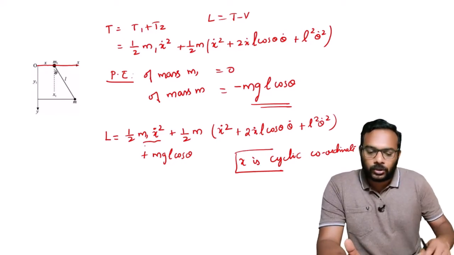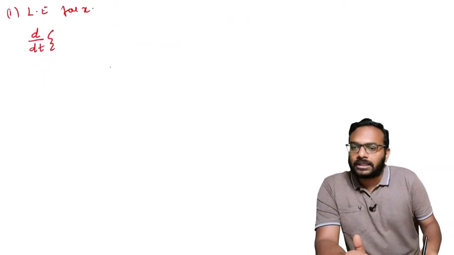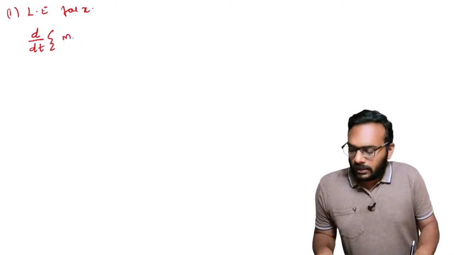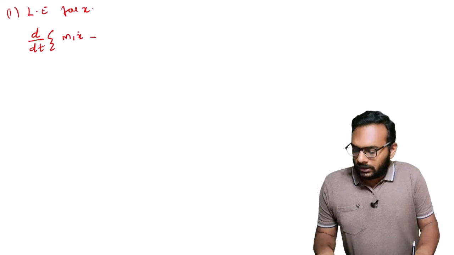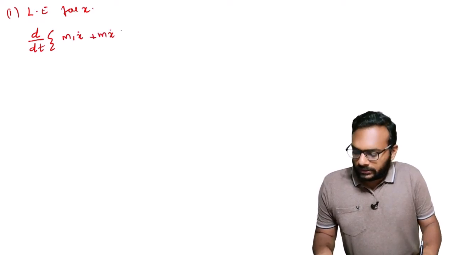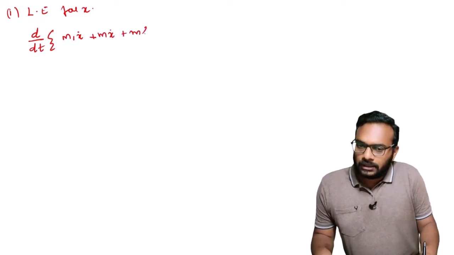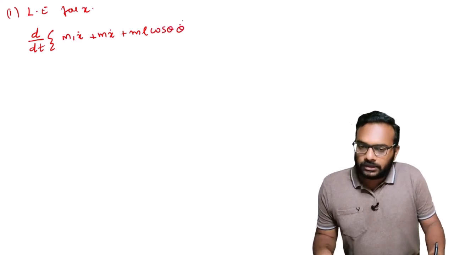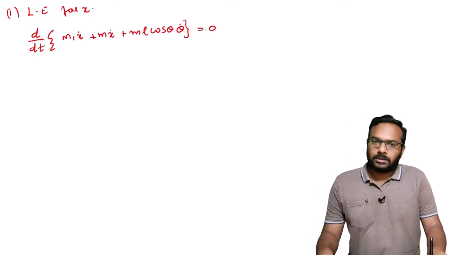So d/dt of ∂L/∂ẋ becomes m1 ẋ plus m ẋ plus mL cos θ θ̇, and that is equal to 0.